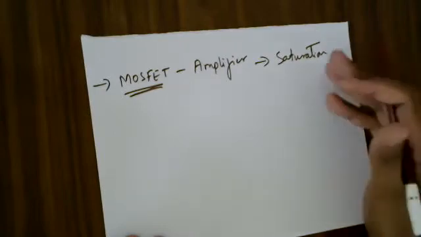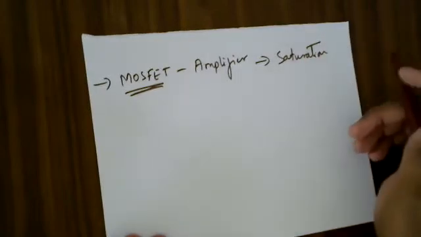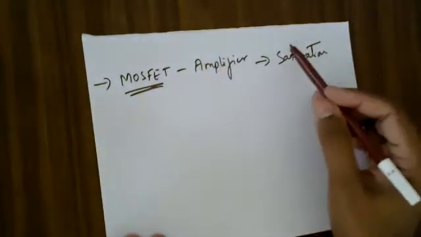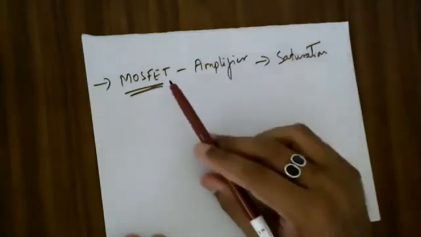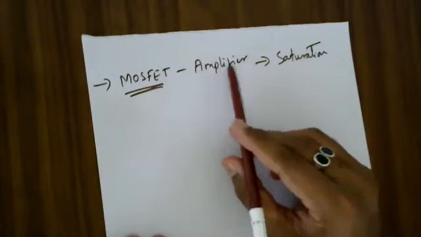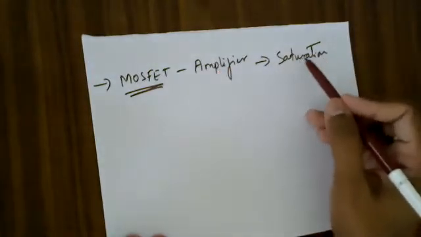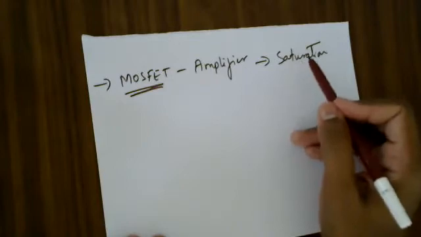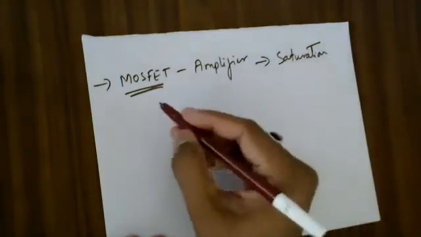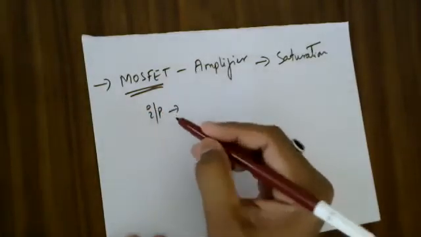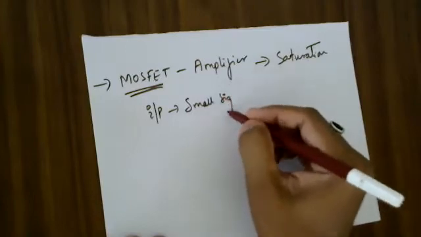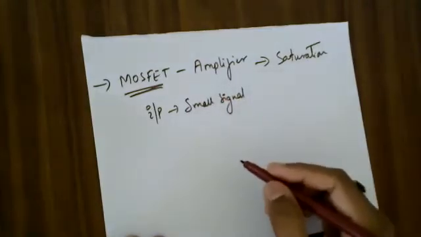Don't get confused: when you want your transistor to operate as an amplifier, you operate it in the active region, but when you want your MOSFET to work like an amplifier, you operate it in the saturation region. Whatever input you apply to your amplifier circuit will be a small signal.